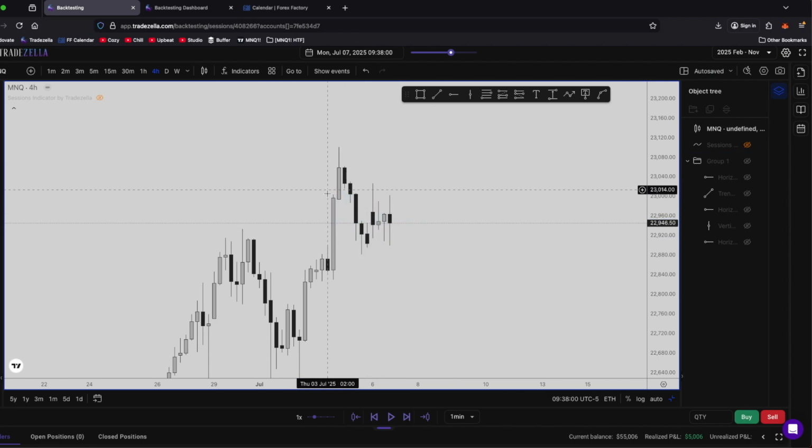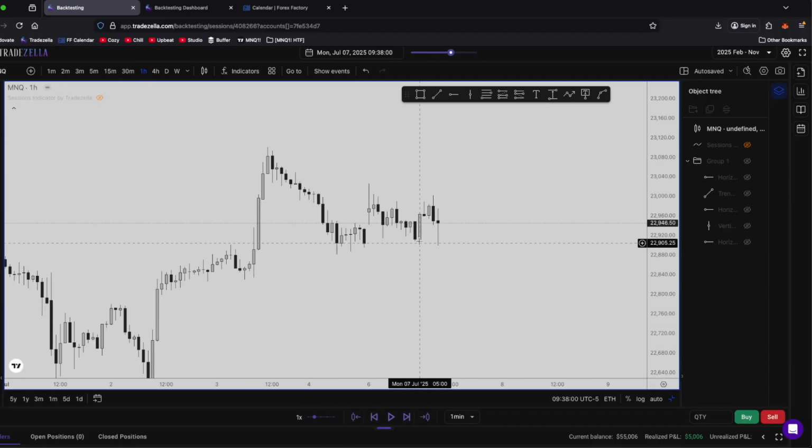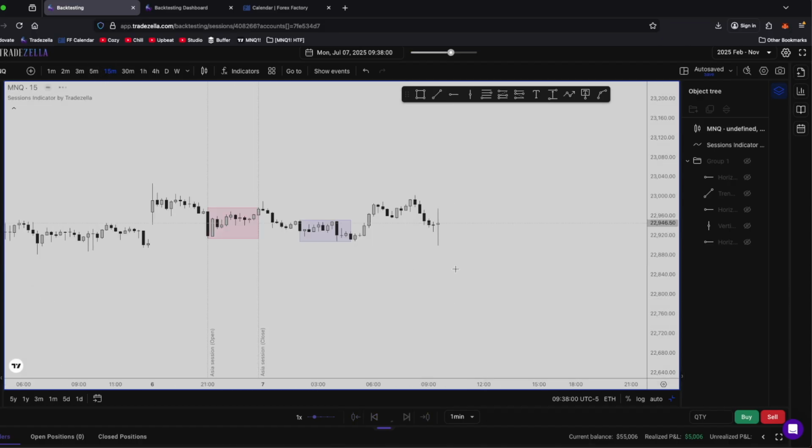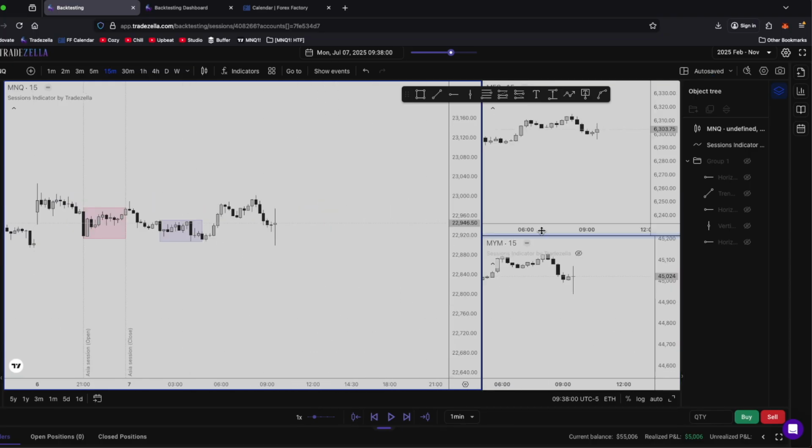It's between this volume imbalance and this fair value gap here. This 1 hour took these lows, but it didn't tap into this gap here. 15 minutes compression candle so far.